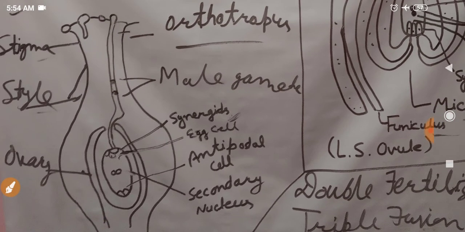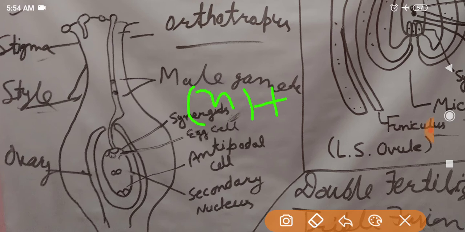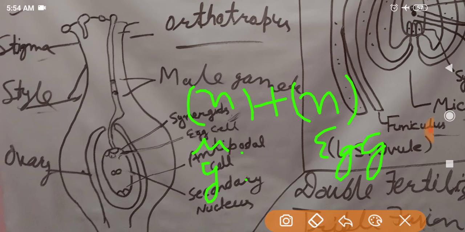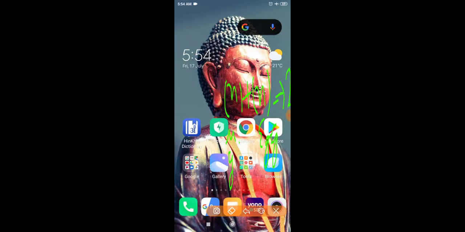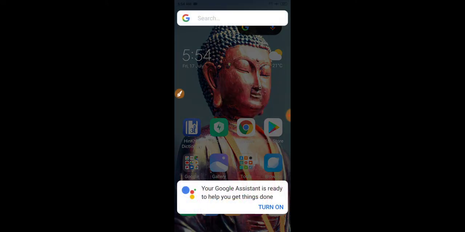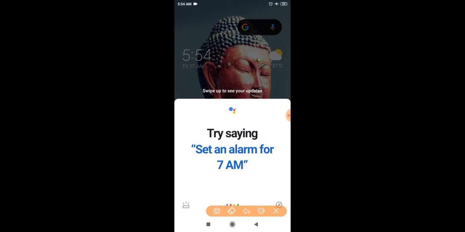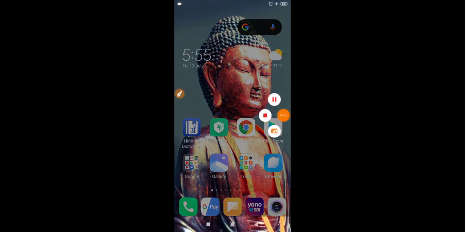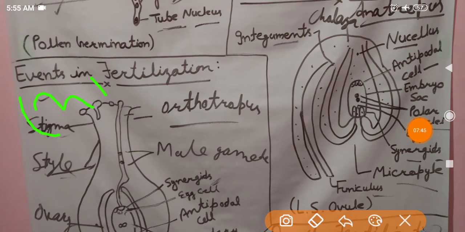Now you can easily understand: when one male gamete, suppose n, fuses with one egg cell, which is also haploid, you can write here male gamete, here egg cell, they form 2n. So 1n plus 1n form the 2n zygote.